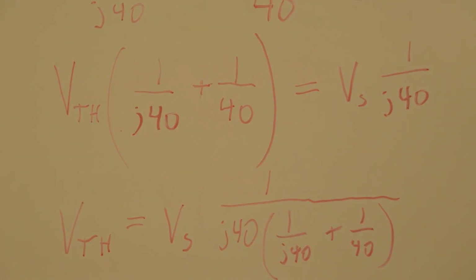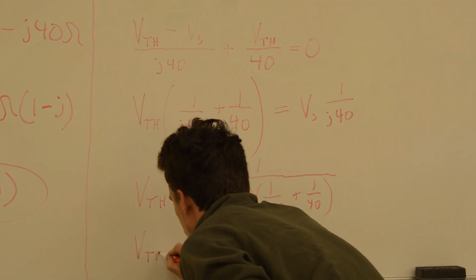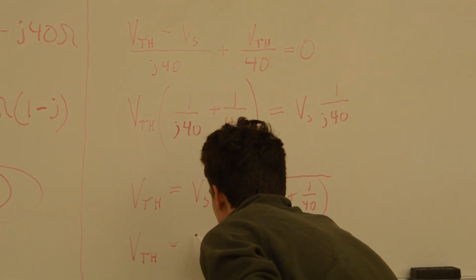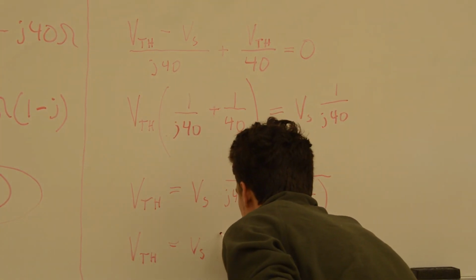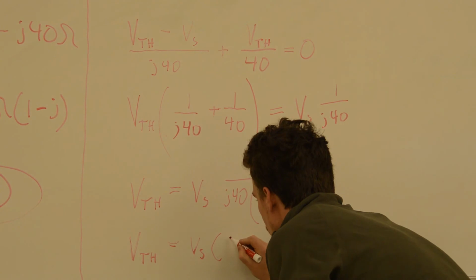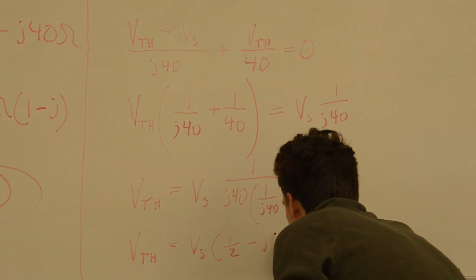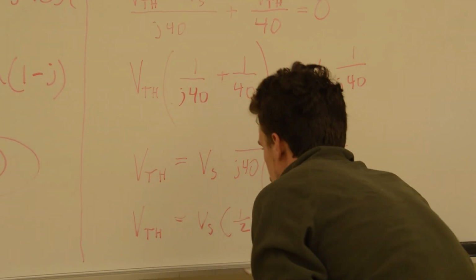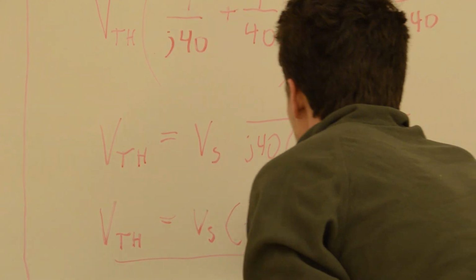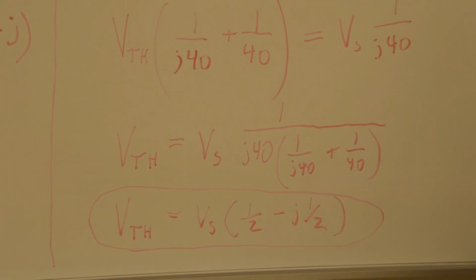If you type that into a calculator, you get that V Thevenin is equal to Vs times 1/2 minus J 1/2. So that's our relationship between V Thevenin and our source voltage.